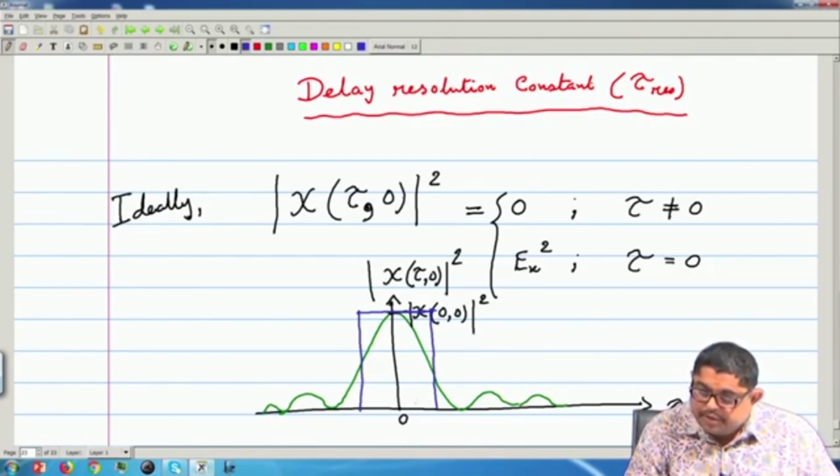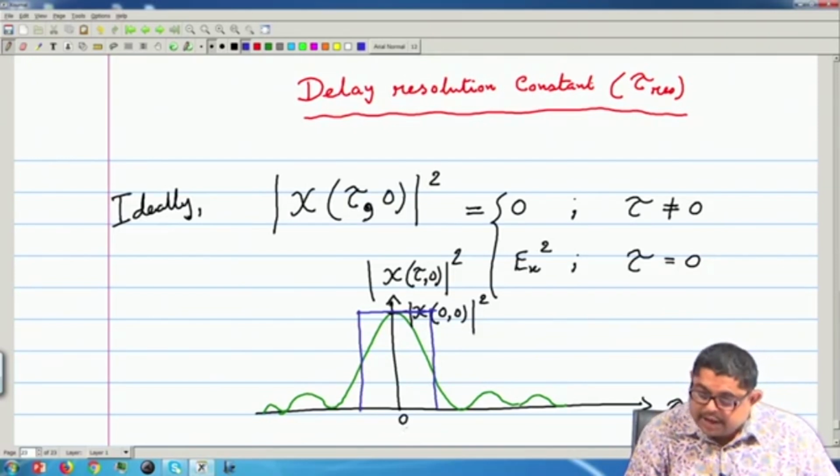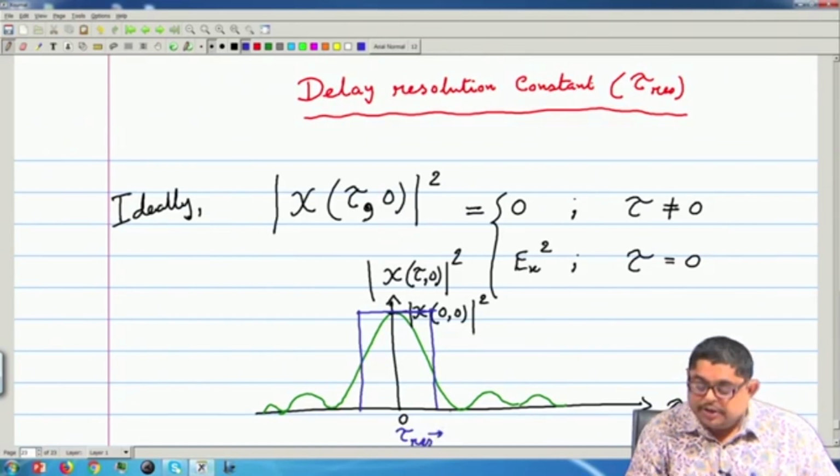So, this rectangle has a width, and this width is called the delay resolution constant, tau resolution.